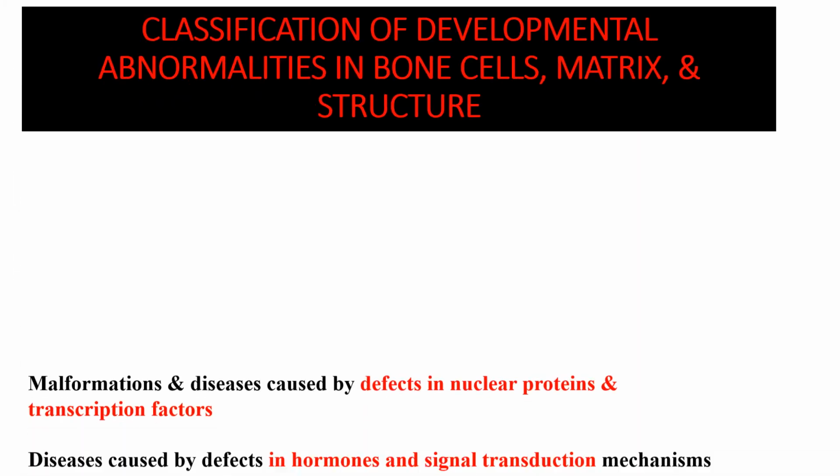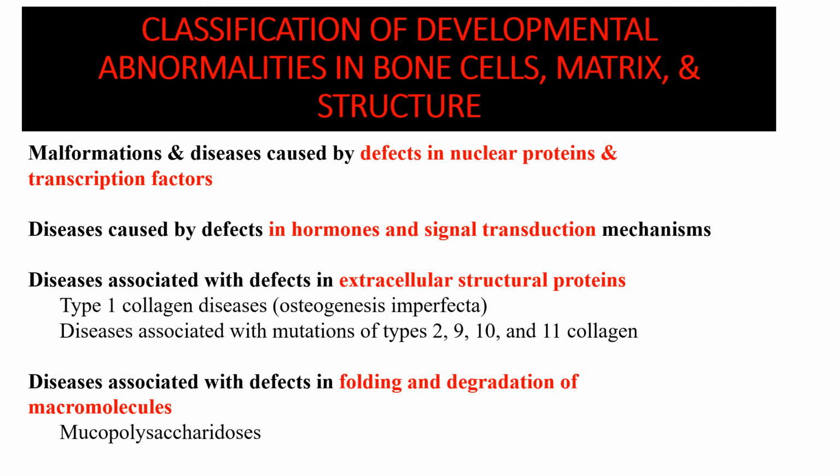In the first lecture, we already covered malformations and diseases caused by defects in nuclear proteins and transcription factors, diseases caused by defects in hormones and signal transduction mechanisms, diseases associated with defects in extracellular structural proteins, and diseases associated with defects in folding and degradation of macromolecules.